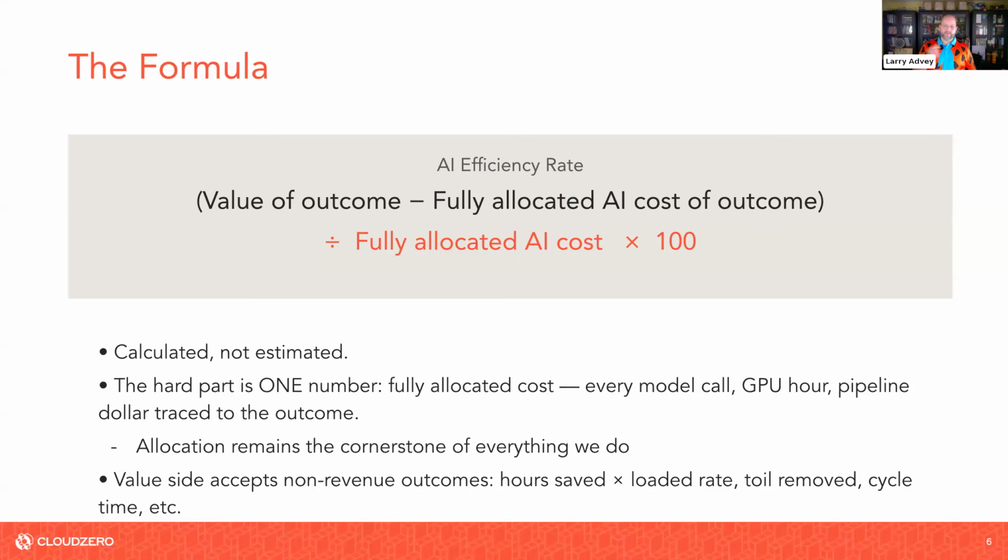So every model call, GPU hour, pipeline dollar traced to the outcome. So you can say without a doubt, this is what Larry spent on this particular project, repository, system. And then with this value conversation, you can shift it from spend to investment, which is a really cool thing to do, but you can't do it if you don't have that level of allocation.